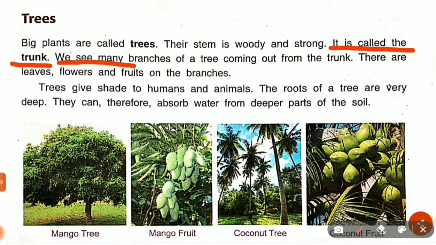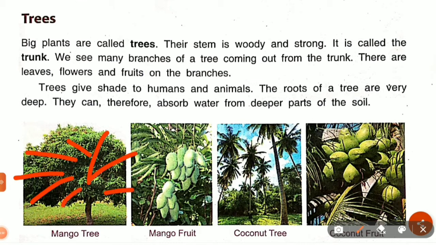We see many branches of a tree coming out from the trunk. See, let's see here. Okay, this is a mango tree. There are a lot of branches like this, right? These branches come out of the trunk.